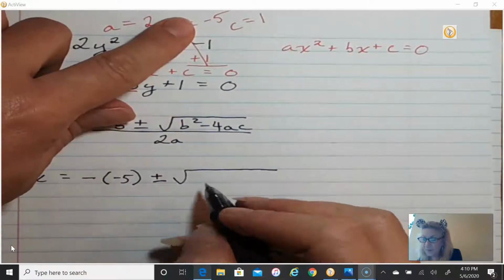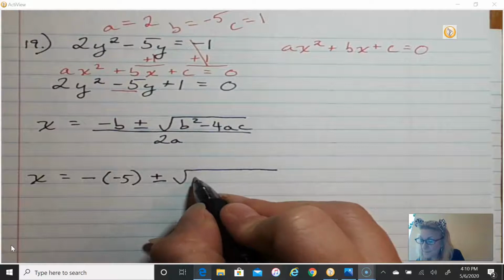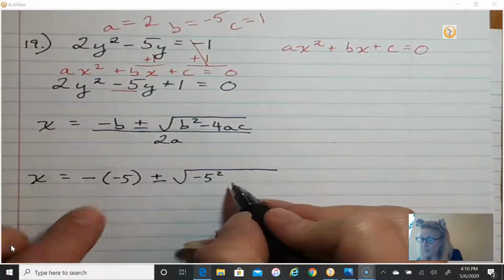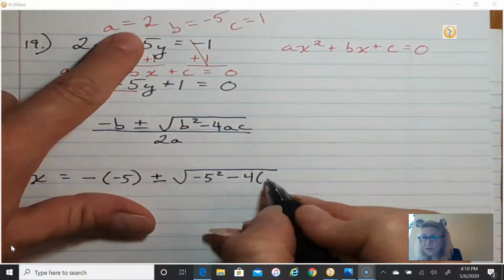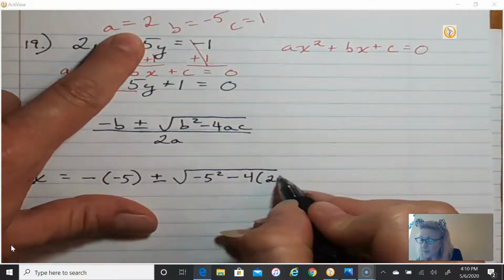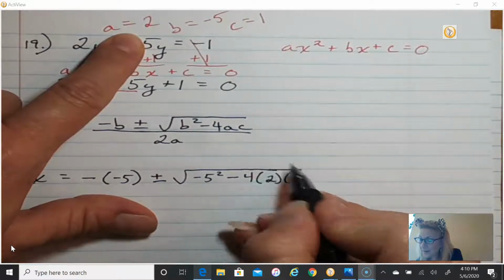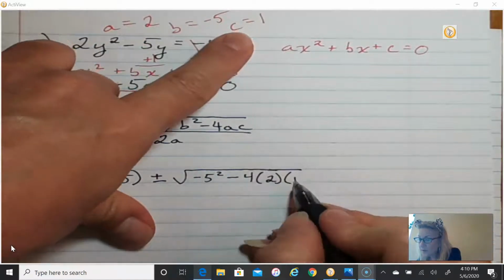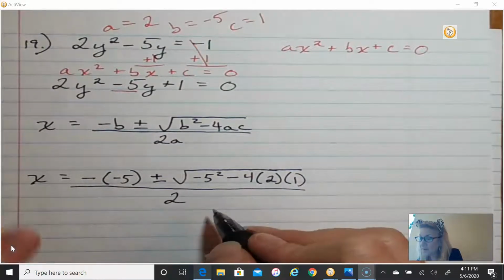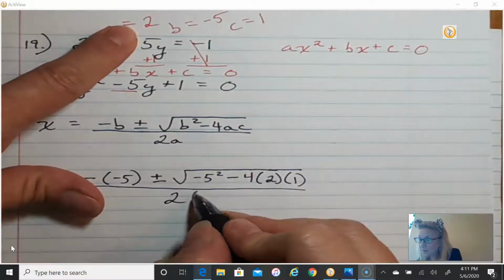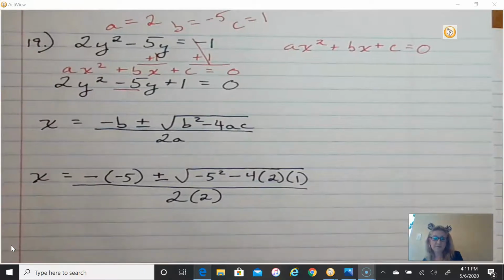So it's negative 5 squared minus 4 times a, which is 2, times c, which is 1. All over 2 times a. A is 2. There you go.